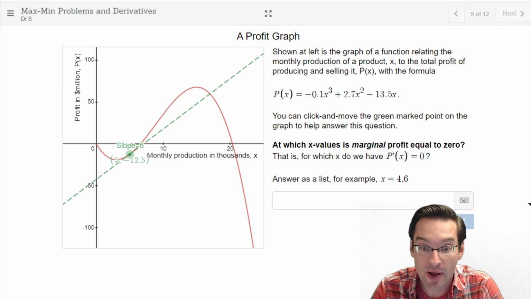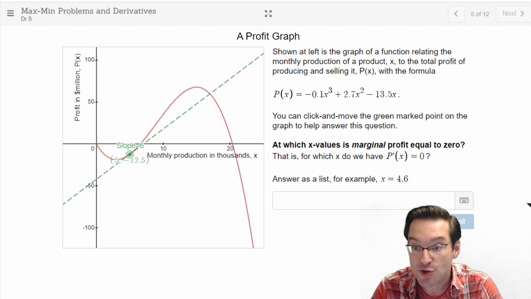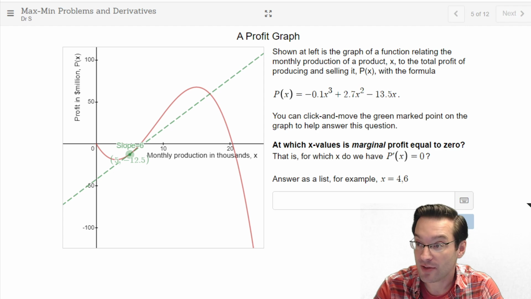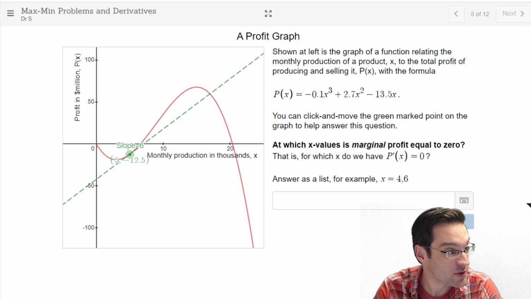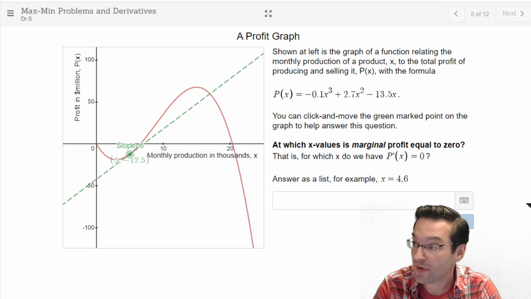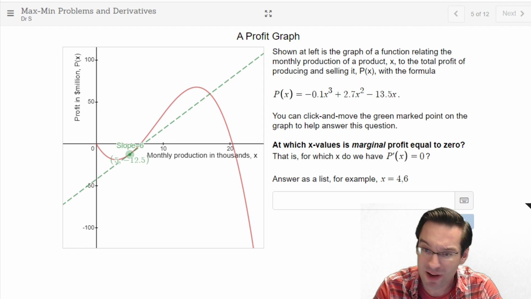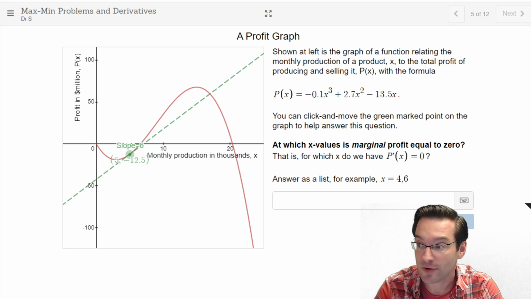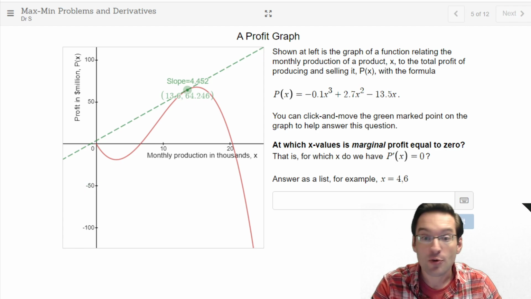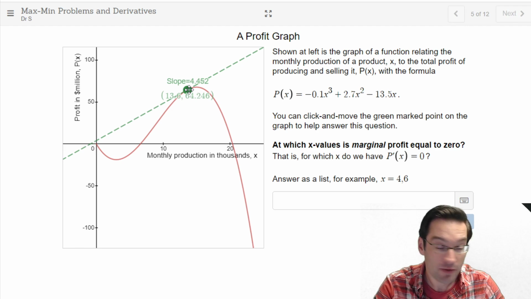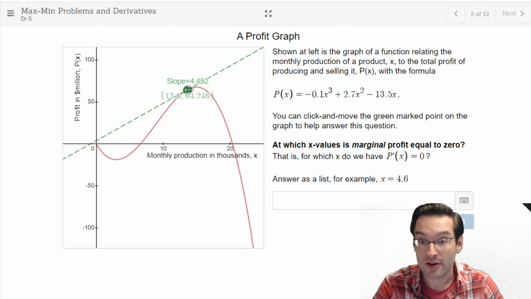Find me an example now on this graph of a place where the marginal profit is equal to 0. So when is p prime of x equal to 0? And if there's more than one such place, list all of them that you can find. Drag the point around. We'll look at how to do it with algebra too, but you can just do it with the graph for right now. So there's two places on this profit curve where my marginal profit is equal to 0.